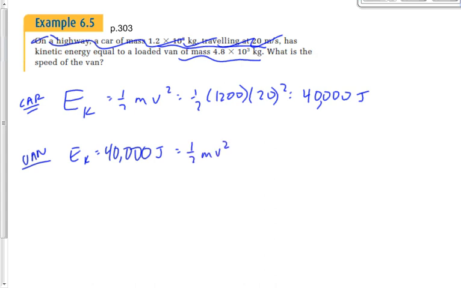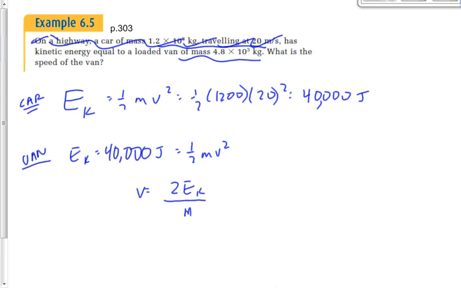This is kind of tricky to rearrange, actually. Solving for v, we're dividing by 2 here, so we'll take the 2 up by multiplying. It becomes 2 EK, or you could say EK divided by 1/2, either one. Let's divide that by mass, because mass goes down by dividing. And then we're left with v squared is equal to 2 EK over m. How do you get rid of the square there, Tegan?